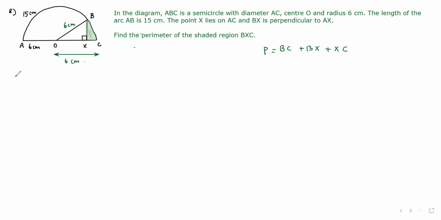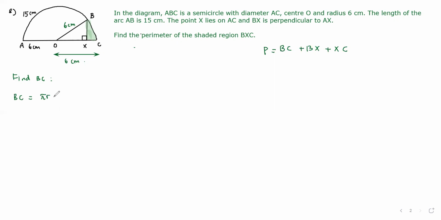Now let's find BC. We can find the arc length, or the circumference, for half a circle, subtract the arc length AB, and that gives the length of BC. The circumference for half a circle is given by pi r.